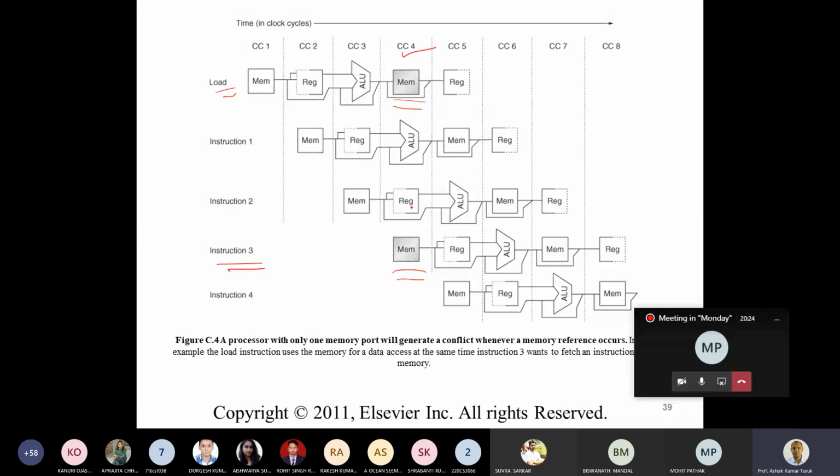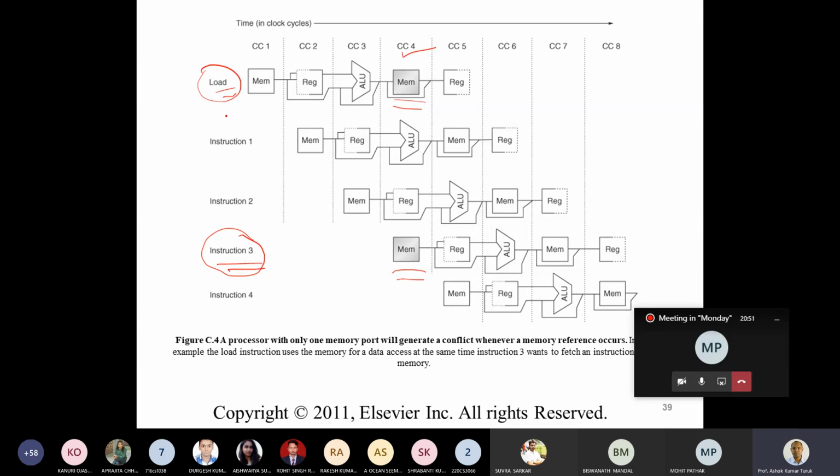When such a conflict occurs, one of the instructions has to be stalled. Now let's look at which instruction is to be stalled, whether the load or instruction 3. If you stall an instruction, that instruction is not going to proceed to the next stage in the next clock cycle.